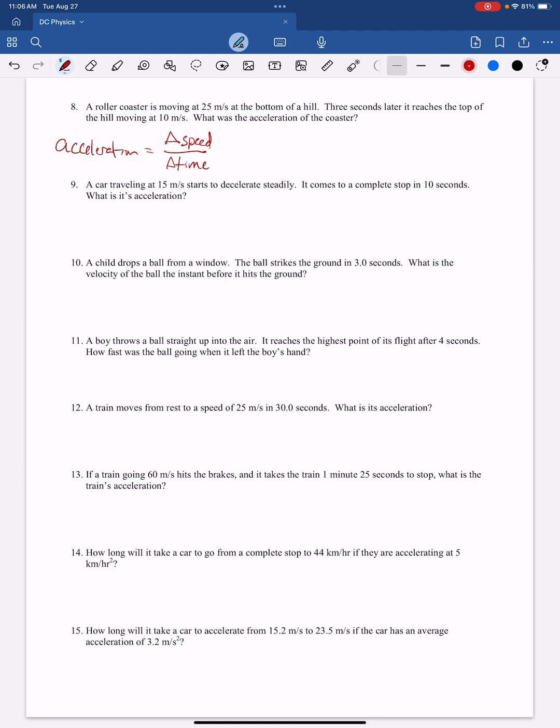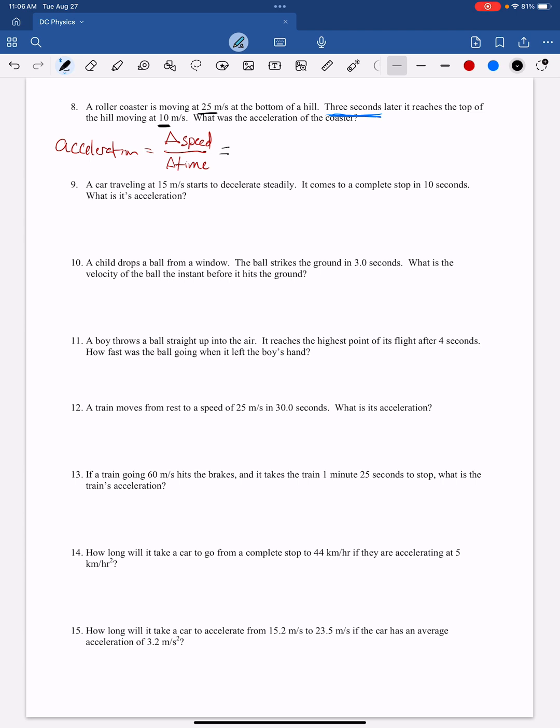Now, if I want to write this out to include my numbers, I know that my roller coaster started at 25, because that is right here, and it reaches the hill 3 seconds later at 10. And I've got a time of 3 seconds. So I'm identifying what my important information is.